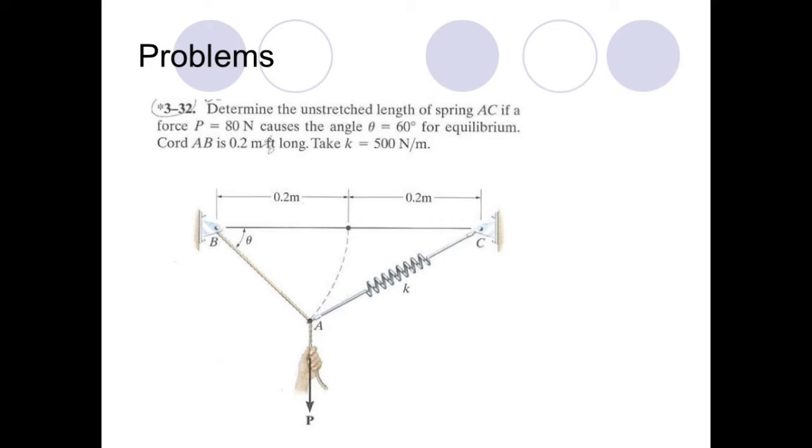Of course, the first thing that I have to do is to find AC. I can easily do it because I know the lengths AB and BC, and I know angle theta. Therefore, I can use the cosine theorem to calculate the length AC.